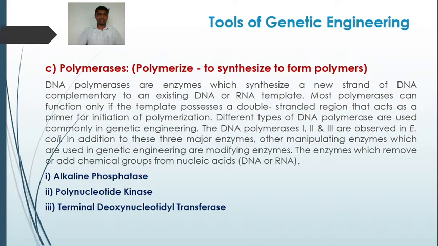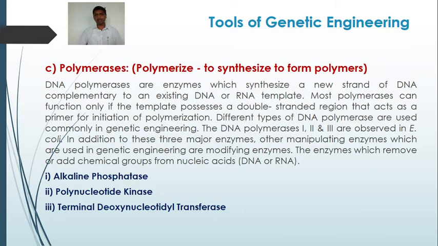These enzymes which remove or add chemical groups from nucleic acid are alkaline phosphatase, polynucleotide kinase, terminal deoxynucleotidyl transferase. So these are the enzymes which are required in addition to the restriction endonucleases, ligases and polymerases.